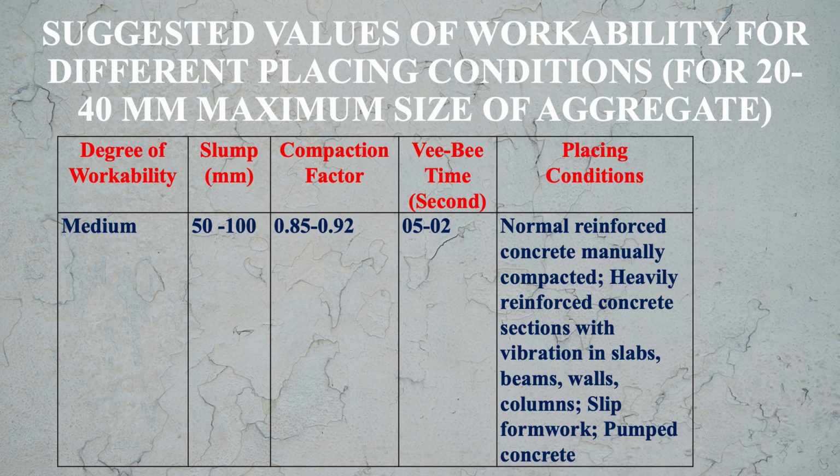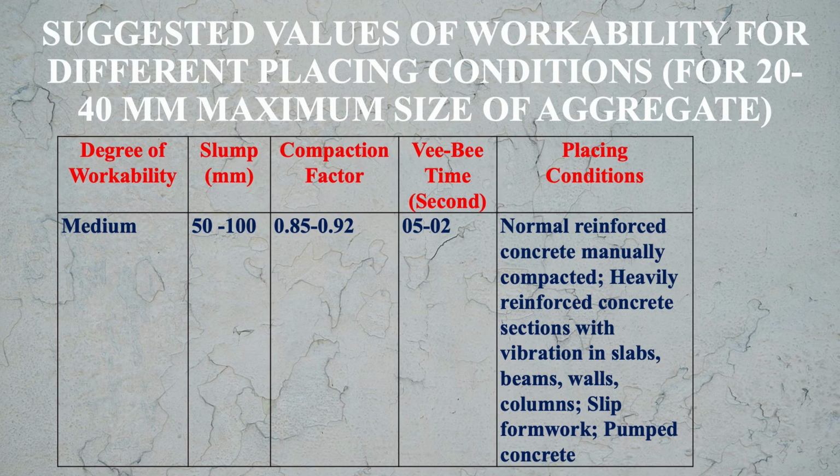Next is our medium workability. For medium workability, the slump value is generally 50 to 100 mm. Compaction factor is 0.85 to 0.92. VB time is 5 seconds to 2 seconds for such a mix. And this concrete mix you can use for normal reinforced concrete which is manually compacted.